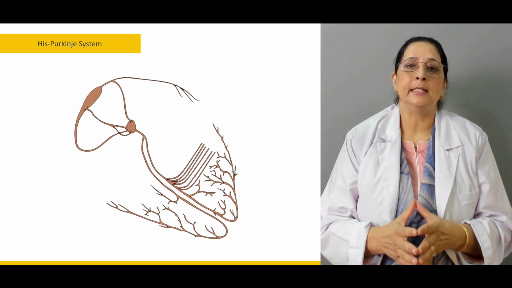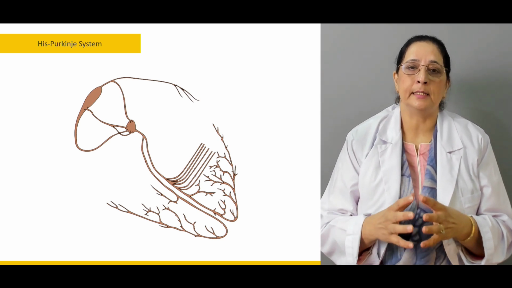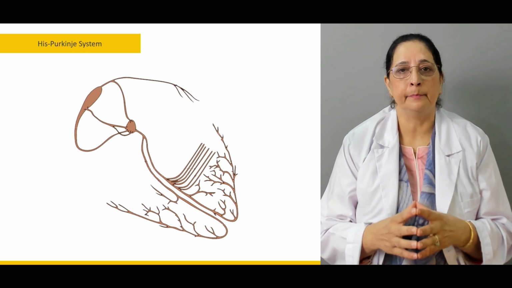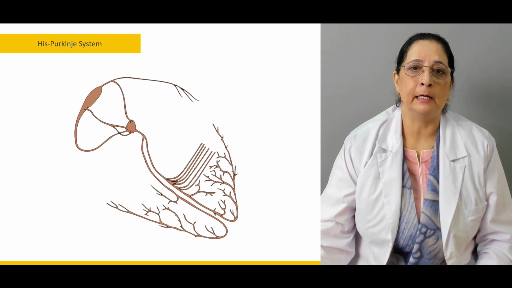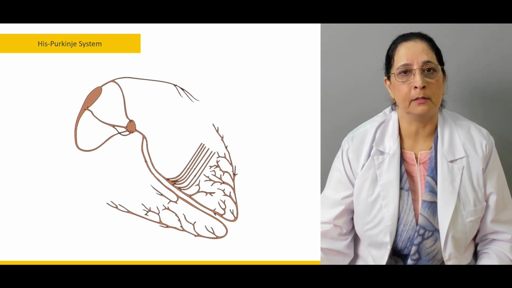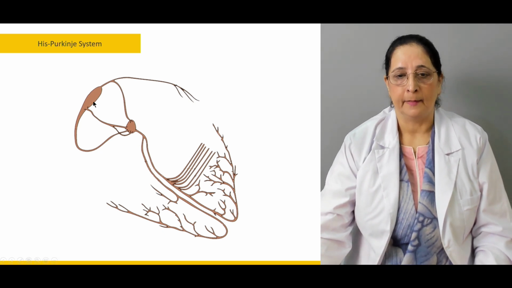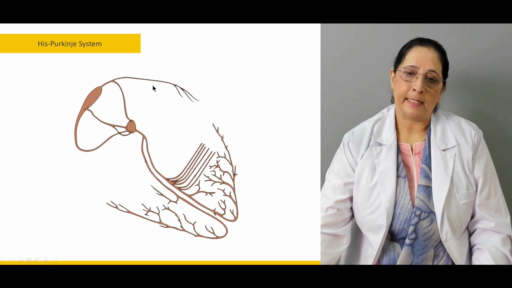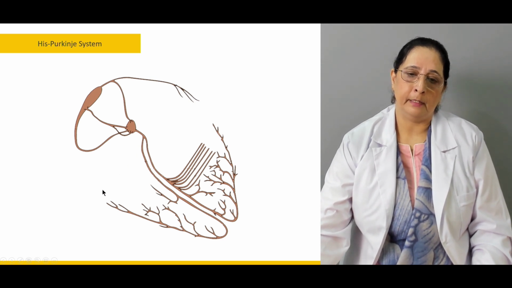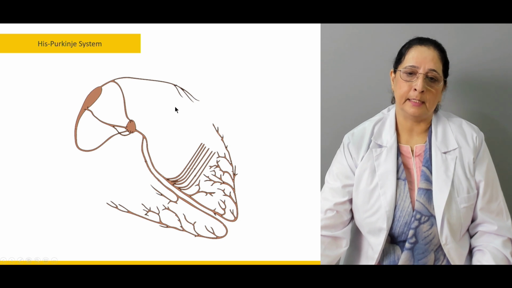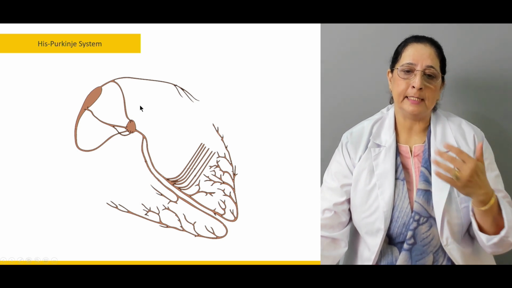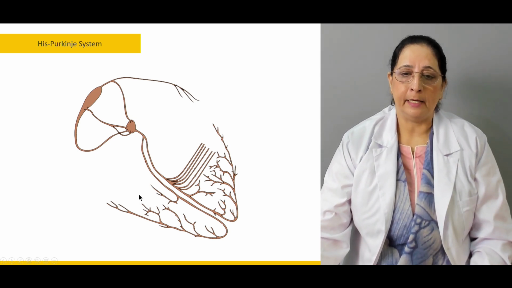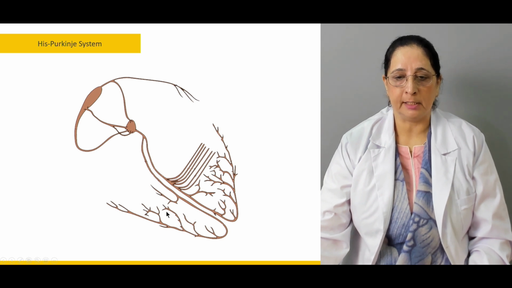So any disturbance in this conduction system of the heart leads to the development of cardiac dysrhythmias. Here, if we just consider, these are the atria, the upper chambers of the heart, the right and left atrium, and then we have the ventricles.